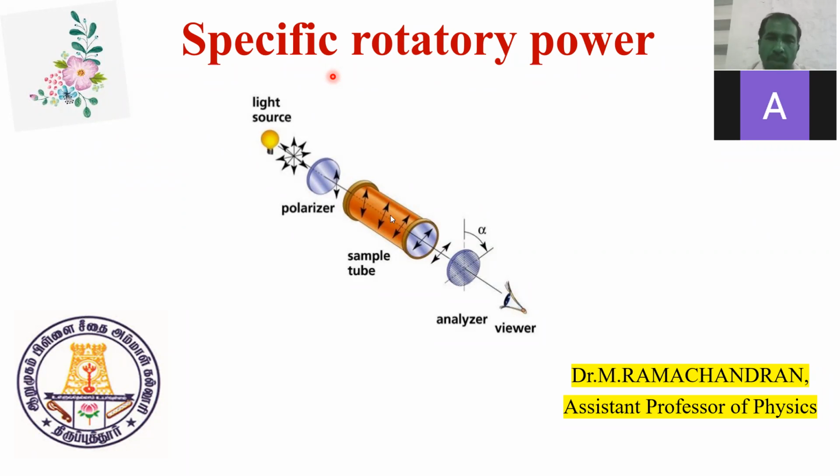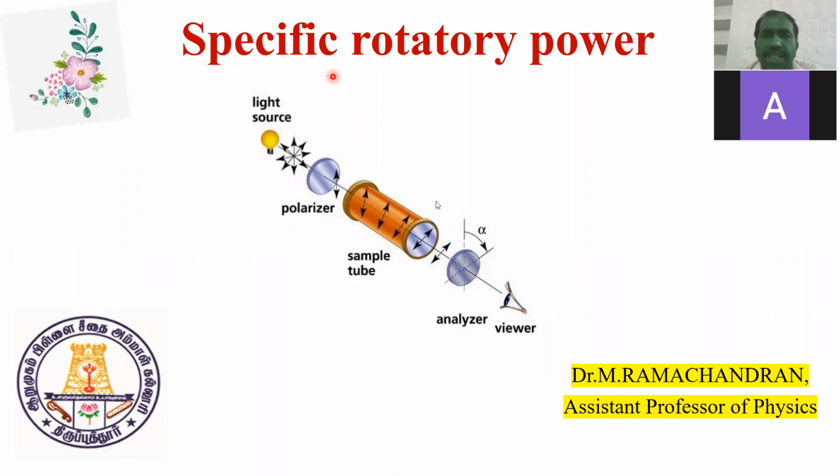How much angle is rotated for that stoichiometric ratio of the crystal or solution is called the specific rotatory power, which we analyze using another nicol prism as the analyzer.